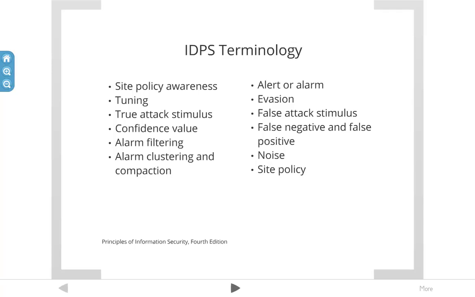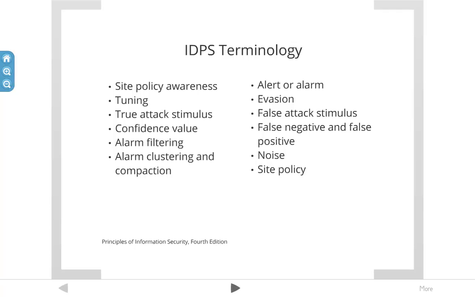Okay, how about the false attack stimulus? How would you describe that? False attack stimulus. Is that when you trigger an alarm that doesn't really happen? Like the alarm goes off, but it's not really an attack? Exactly.